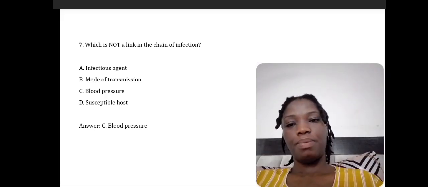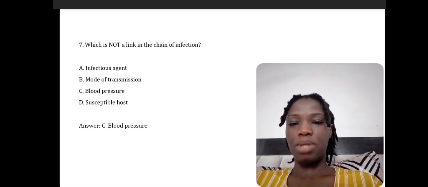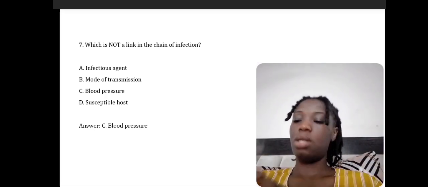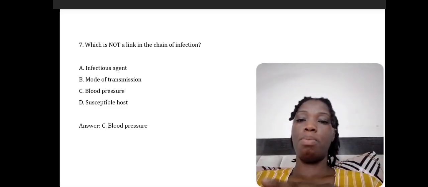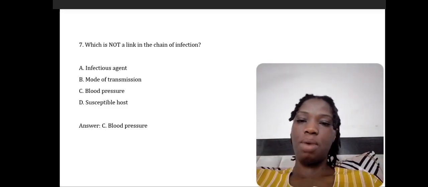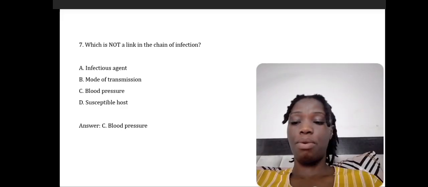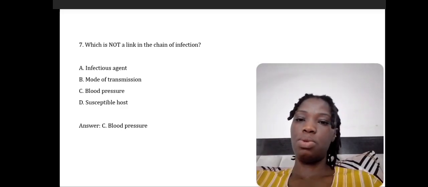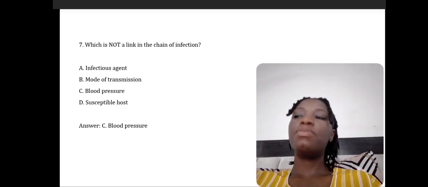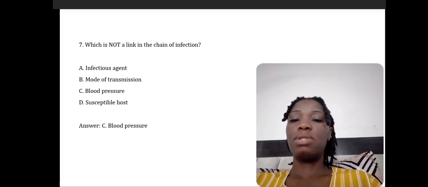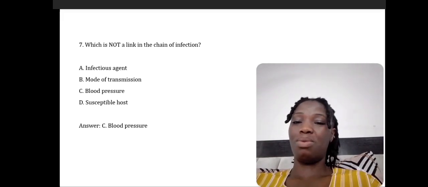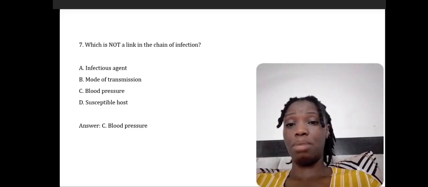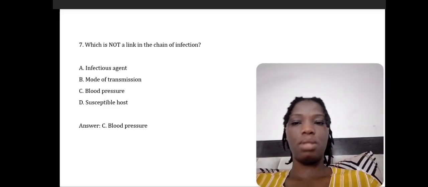Portal of entry, how it enters the body: through broken skin, eyes, nose, or mouth. When they say mouth, it means fecal-oral; you eat through the mouth. Then the susceptible hosts, those with low immunity, so once they come in contact with the microorganism, they get sick.